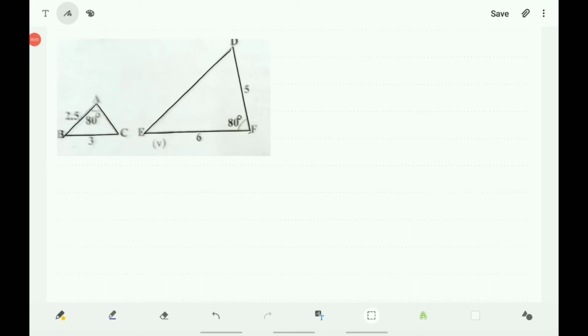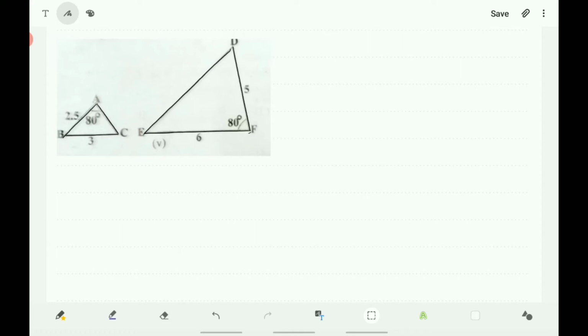In the first triangle, angle A is given, and to use the SAS similarity criteria, the sides AB and AC must be known. Here AC is not given, but BC is given. In the second figure, the sides DF and EF are given, that is the included sides of the angle F, which is 80 degree.